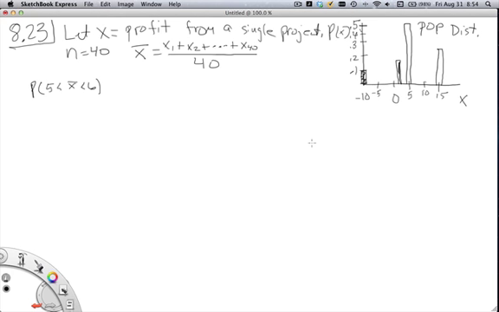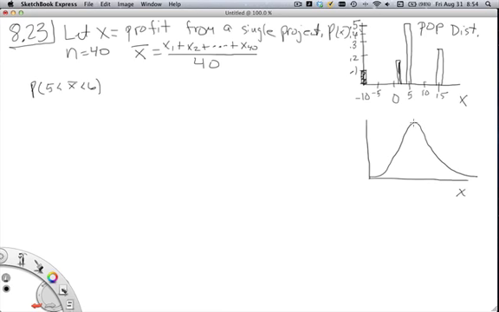The distribution of X is surely not normal. It's kind of lumpy. Maybe it's a little bit left skewed. The central limit theorem is going to tell us something about the distribution of X bar, though. So here's the distribution of X bar. And it will be approximately normal, even though the distribution of X, the population distribution, is not normal.